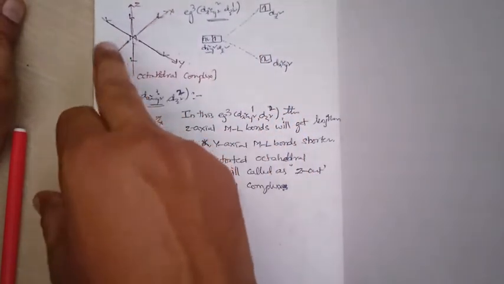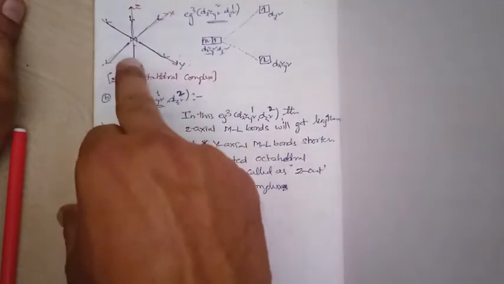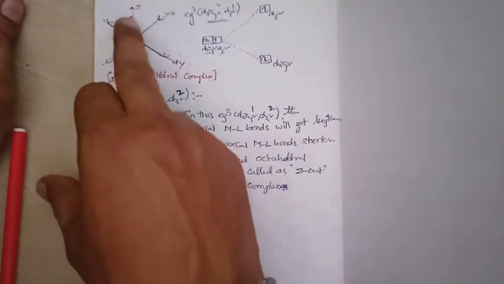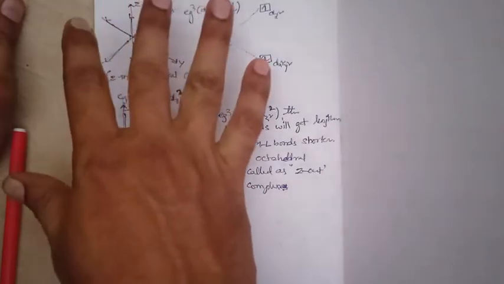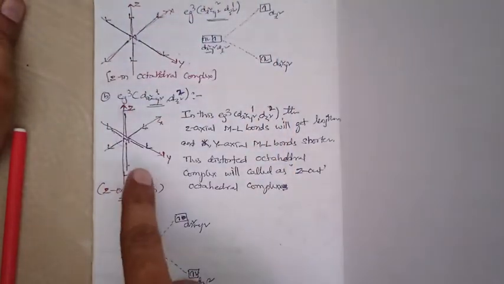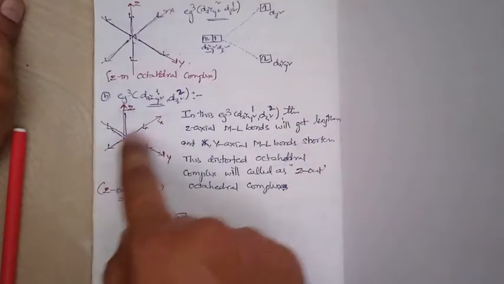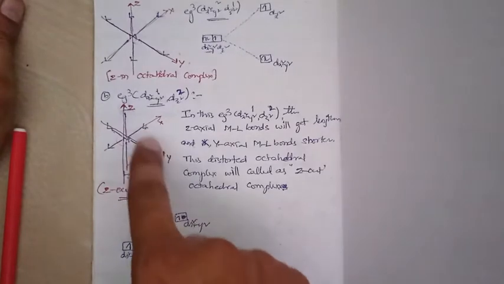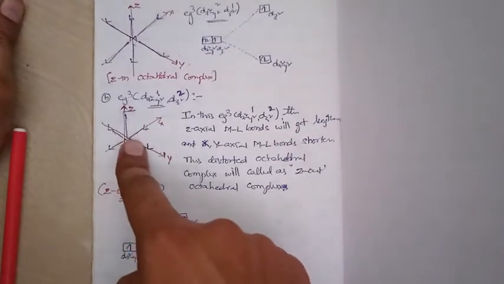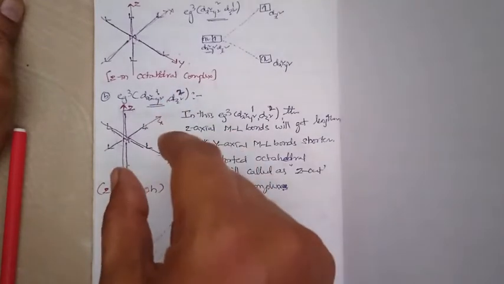When it comes to the Z out structure, the metal to ligand bonds in x and y orientation are shorter, so the bonding strength will be higher.